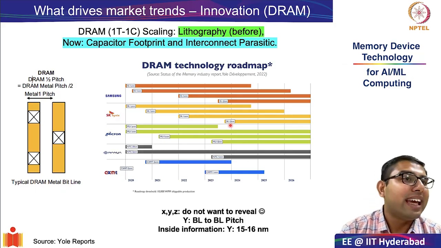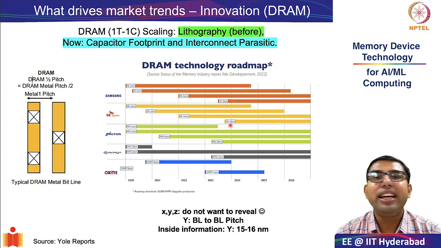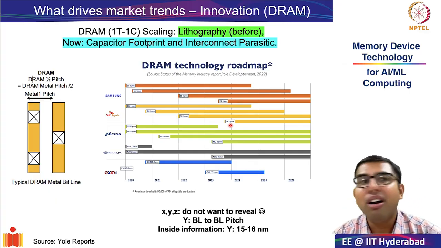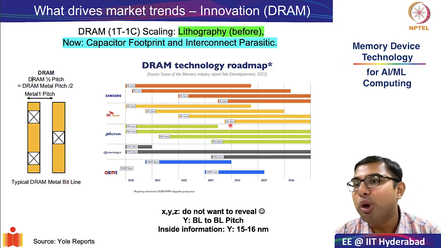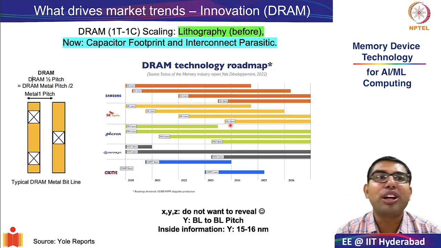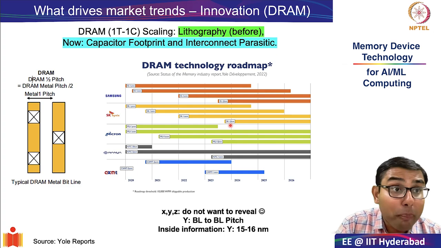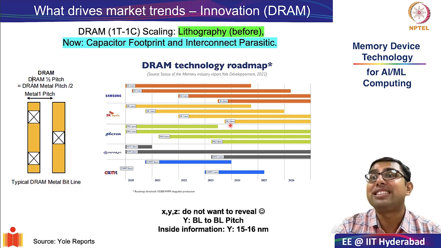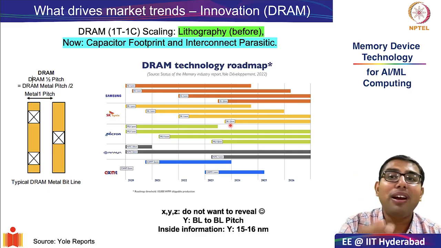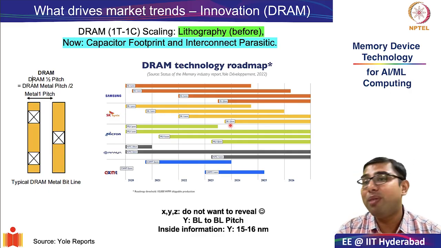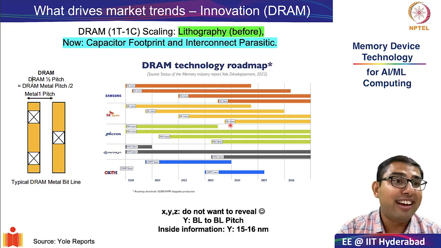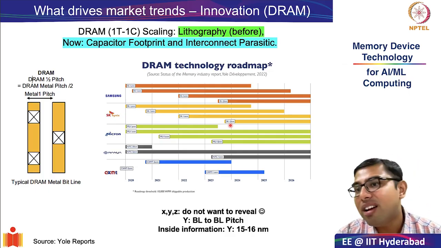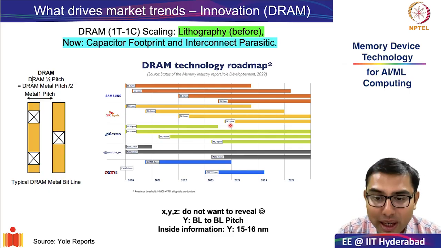So the essence is that since DRAM technology is so competitive, you do not want your competitors to know what is your next technology node. But on the other hand, you also want to convey that you are going to the next technology node. And therefore, just like in mathematics or algebra, we use X, Y, Z as variables, which we initially don't want to reveal. Similar thing is done by these technology companies.